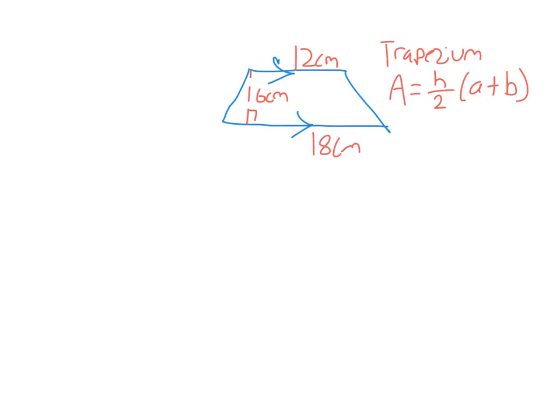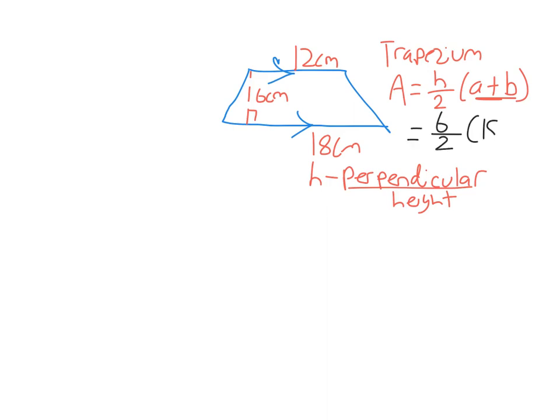So a and b are the two parallel sides. h in any formula in measurement, whether that be area, surface area, volume, whatever, it always means the perpendicular height, not the slant height. So in this case, the area of this shape would be perpendicular height divided by 2 times the sum of the two parallel sides. You can put that on your calculator and you end up getting 90. So the area is in square units.